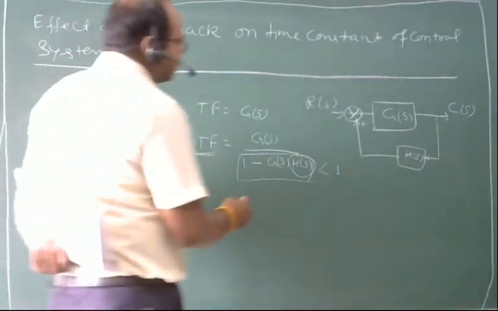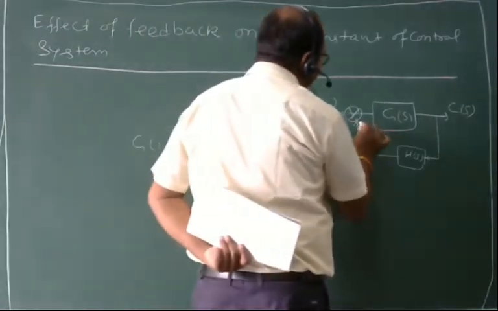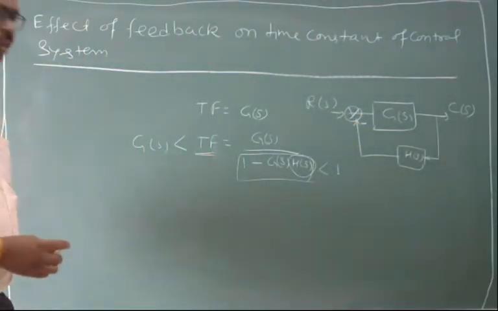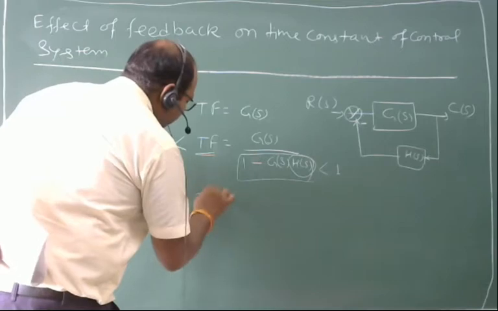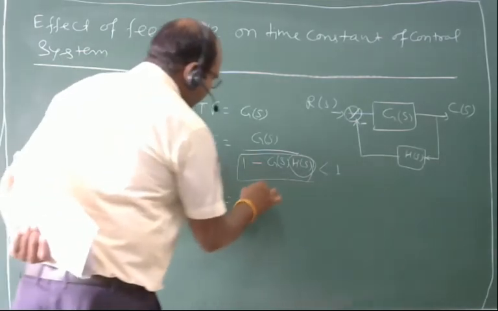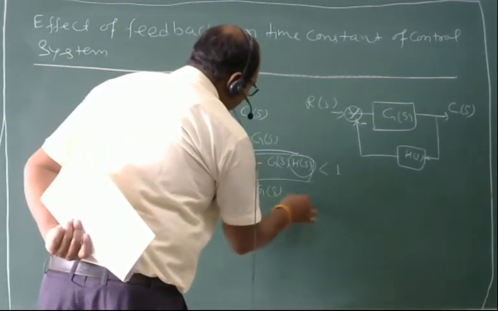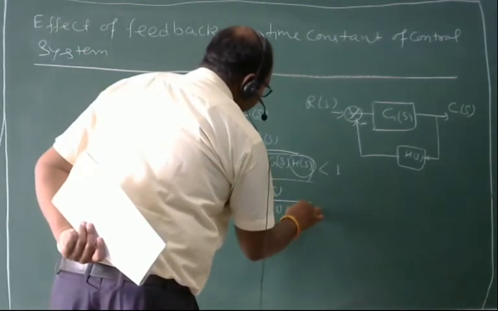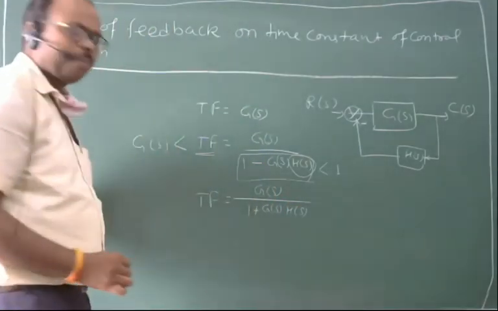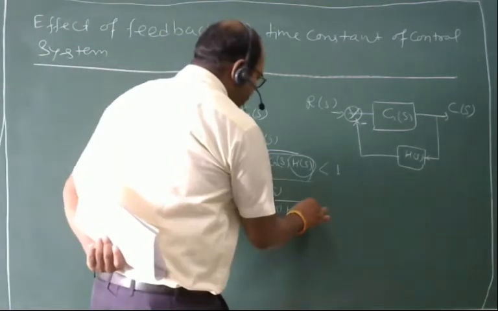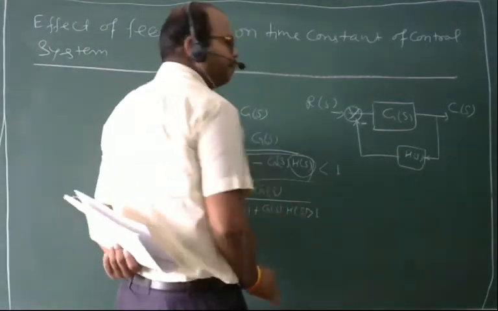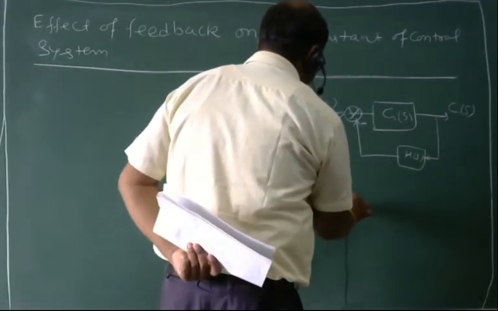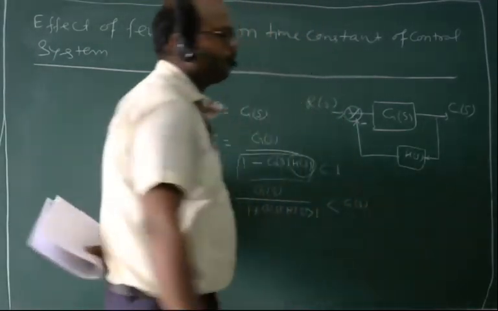In the next case, if I take negative feedback, then our transfer function becomes G(s) over 1 plus G(s)H(s), and obviously this denominator is greater than 1 and this whole value is less than G(s).